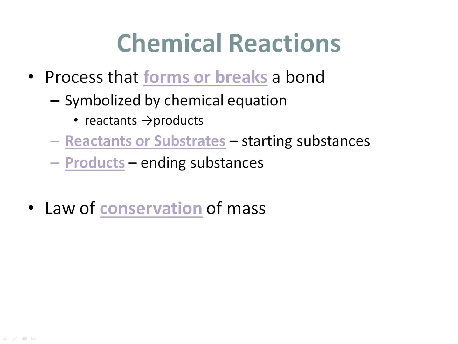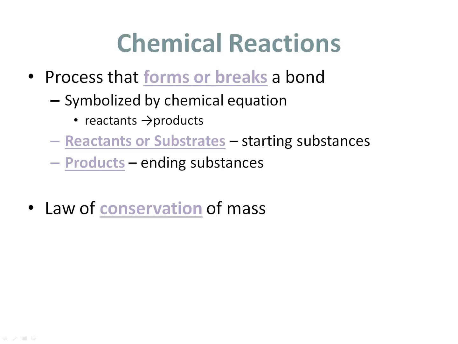A substrate is a reactant that is acted upon by an enzyme. So oftentimes in our biological chemical reactions, where we have enzymes involved, we use the term substrates, whereas in chemistry, you tend to use the word reactant. The product is the ending substance, the substance that we end up with.